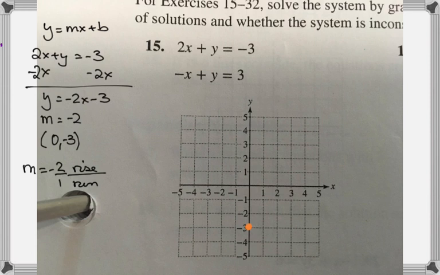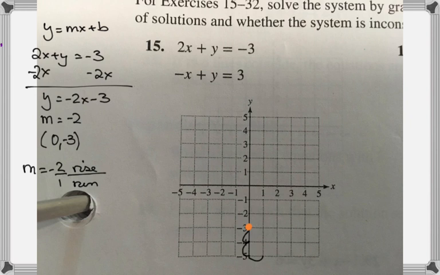And I always, at least for my own graphing rule, I always make the top one negative. So I either go down 2 or go up 2. In this one case, I'm going to go down 2 units. And then my run is positive. I'm running in the positive direction, 1 unit.